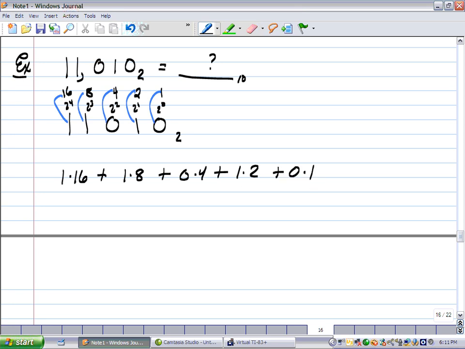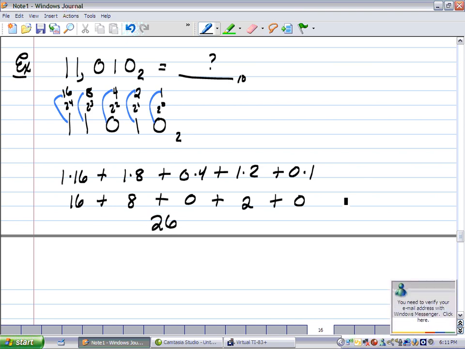This one is actually easy, the binary ones, to convert without writing that second step, and just see if it's 1 times 16, 1 times 8, plus 0, you don't even have to write that one if you don't want to. 1 times 2, and 0, so 2 and 8 is 10, so that's 26. So 1, 1, 0, 1, 0 base 2 is the same thing as 26 in base 10.